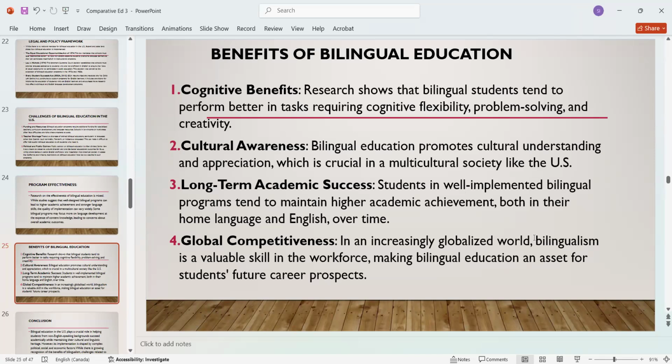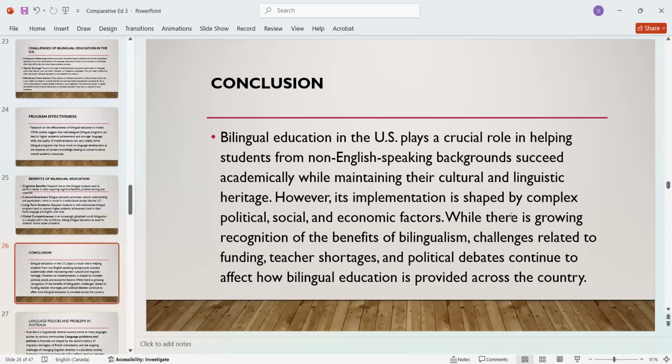And global competitiveness. In an increasingly globalized world, bilingualism is a valuable skill in the workforce, making bilingual education an asset for students' future career prospects. Right? These are the benefits of bilingual education.